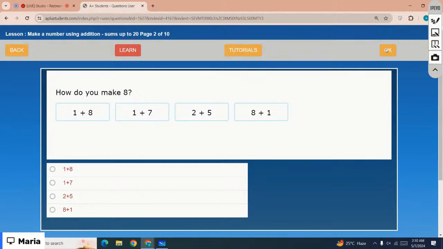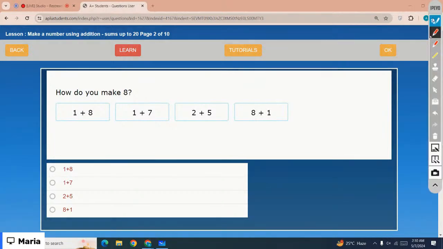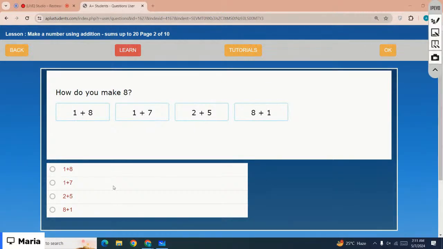So let's see which is the correct option. 8 plus 1 is 9, 7 plus 1 is 8, 5 plus 2 is 7, and 8 plus 1 is 9. Which option is the correct one? Which one makes 8? Yes, that is option number B. 7 plus 1 is the correct option. That is the only option that makes 8.